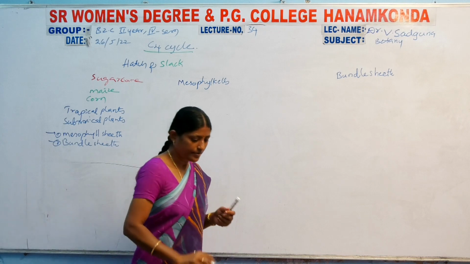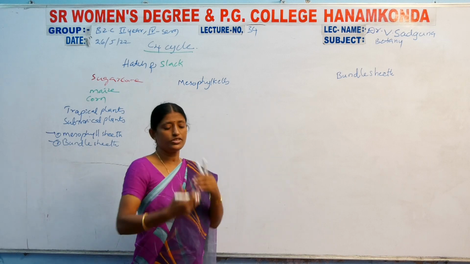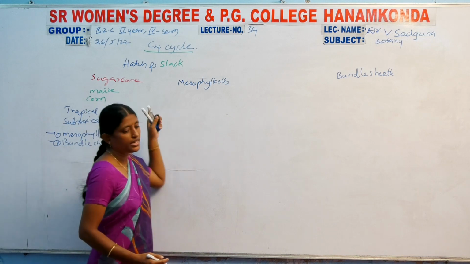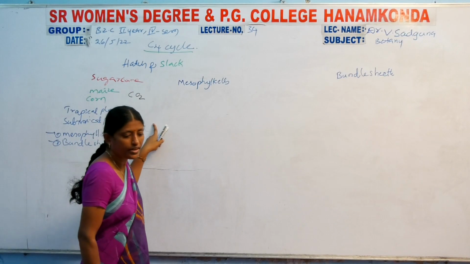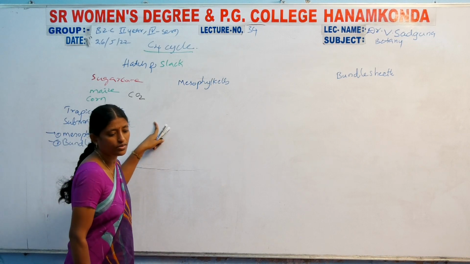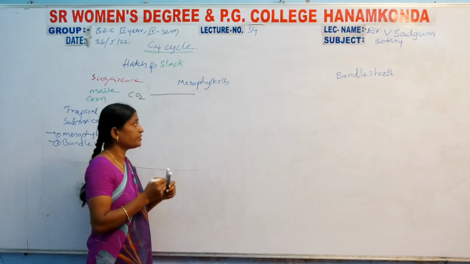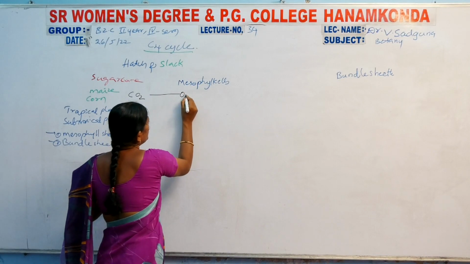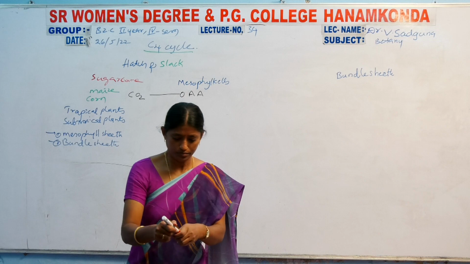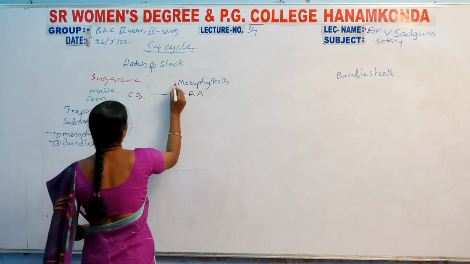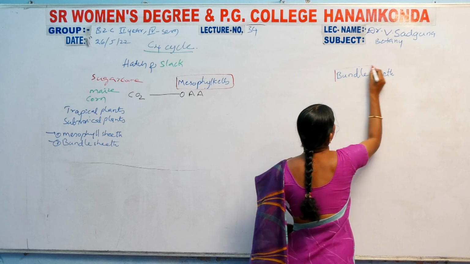The CO2 is converted into oxaloacetic acid in the mesophyll cells. Okay. Now going to the bundle sheath.